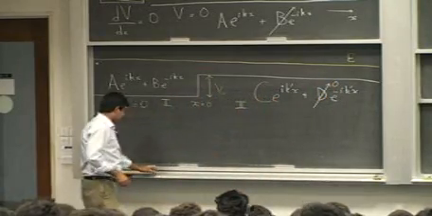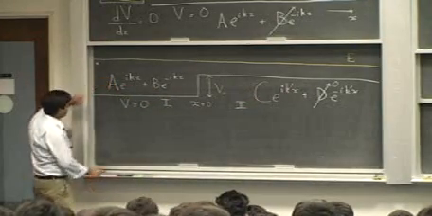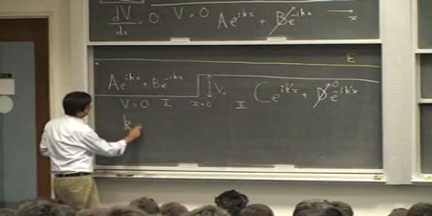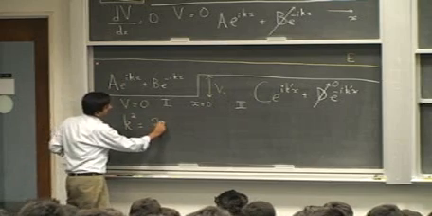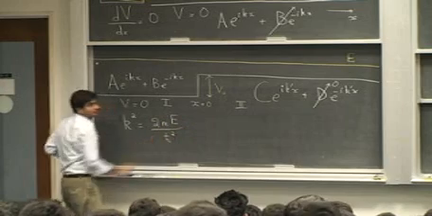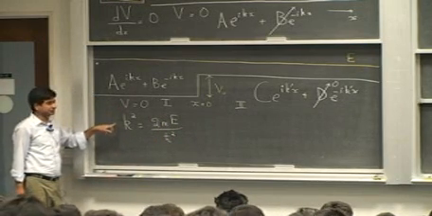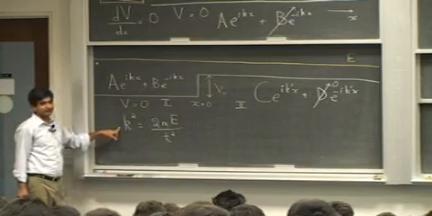Alright, now what about these values k' and k? This k squared equals 2mE over h bar squared. This is a result of the Schrödinger equation, and you should all know how to get this k squared.